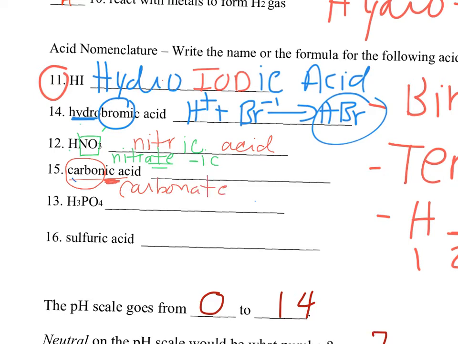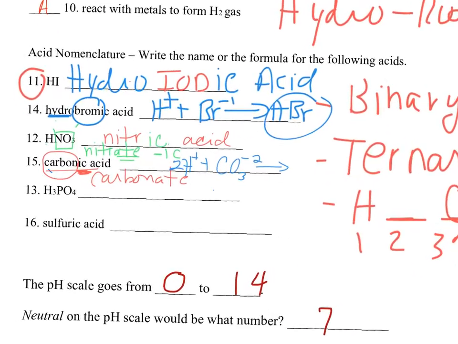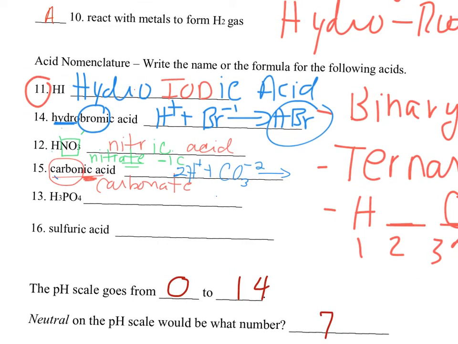The carbonate ion has a charge of -2, so that means that we need 2 hydrogens in order to cancel out the -2 charge, and so we get the formula H2CO3.